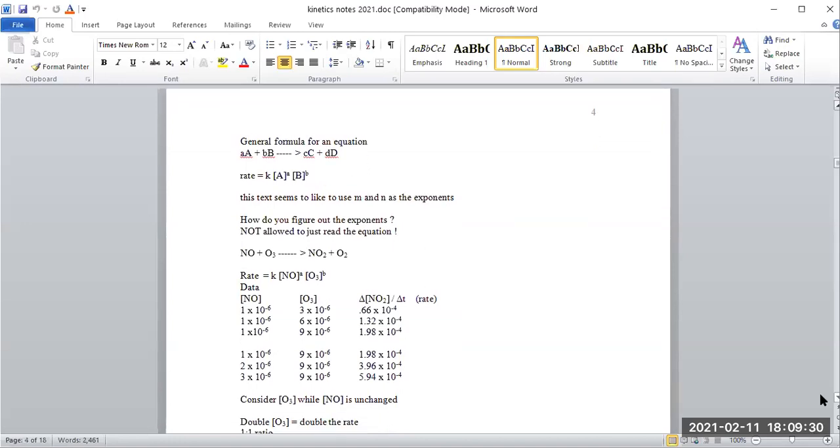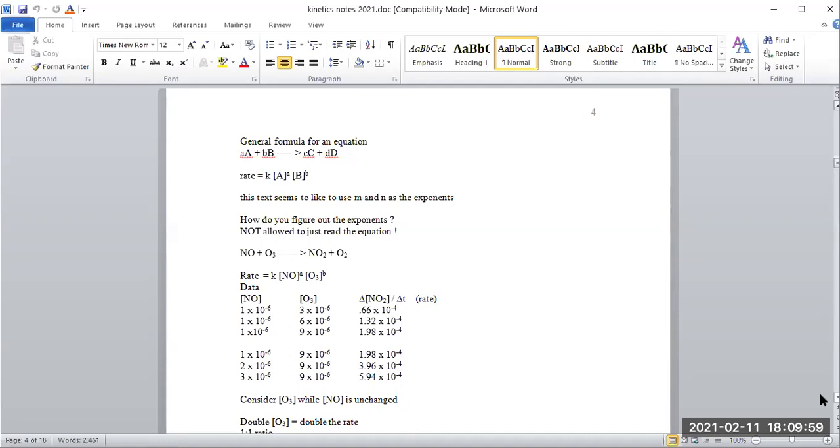According to this reaction, I have 1 nitric oxide, NO, and 1 O3. And I get products, which aren't terribly relevant, but are NO2 and an oxygen molecule. Basically, I swapped one of my oxygen atoms from one molecule to the other, and that was the goal of the reaction there.